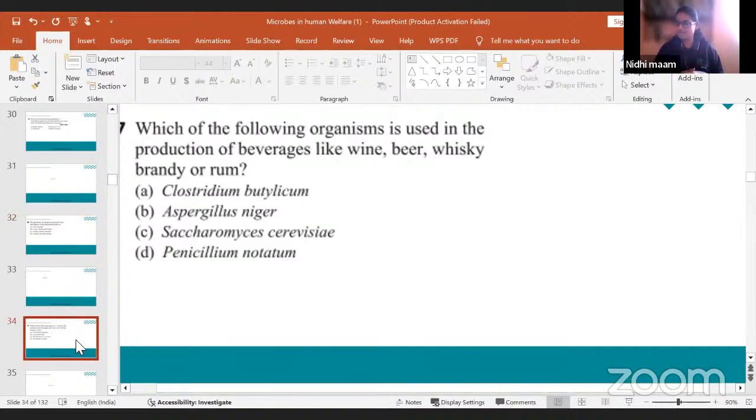Next question goes like this. Which of the following organisms is used in the production of beverages like beer, wine, whiskey, brandy or rum? A. Clostridium botulinum. B. Aspergillus niger. C. Saccharomyces cerevisiae. D. Penicillium notatum. What is your response on this?